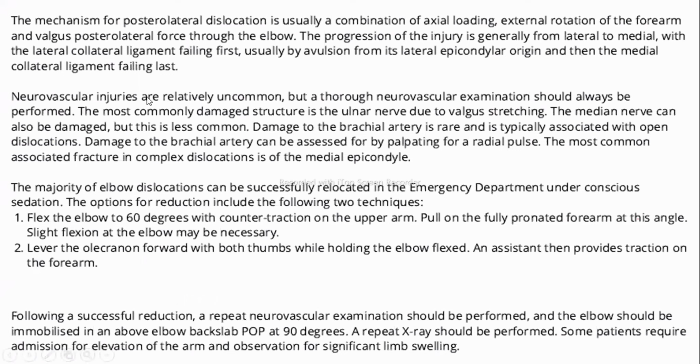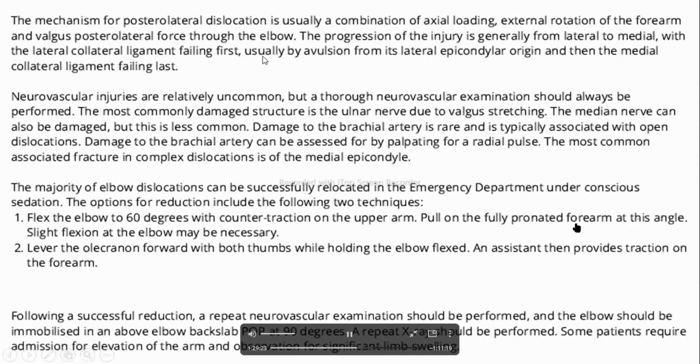So here, neurovascular injuries are relatively uncommon, but a thorough neurovascular examination should always be performed. The most commonly damaged structure is the ulnar nerve due to valgus stretching. Median nerve can also be damaged, but this is less common. Damage to the brachial artery is rare. We are talking about which one, guys?